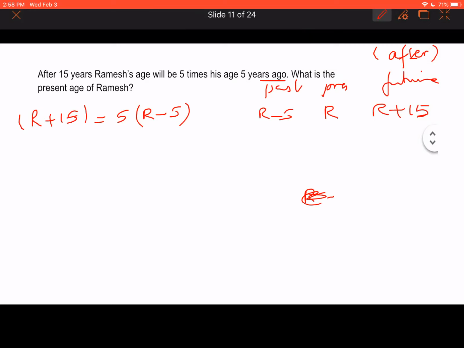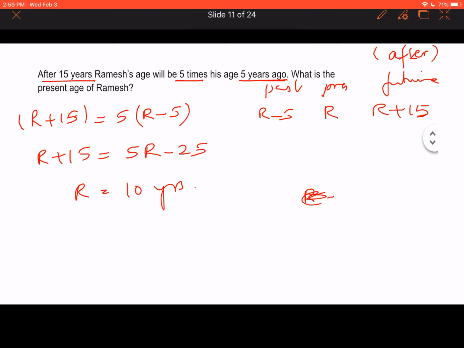So R plus 15, that is after 15 years, equals 5 times, so 5 years ago, R minus 5. Then solving the equation is going to be very easy. R plus 15 is equal to 5R minus 25, and therefore R is equal to 10 years.